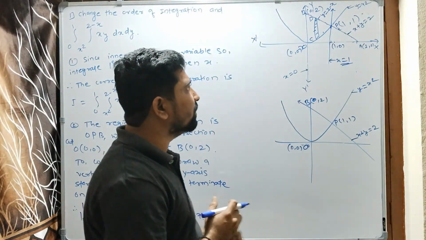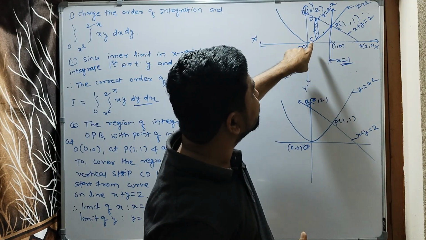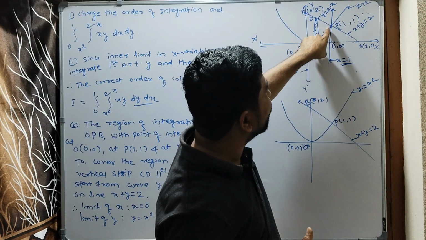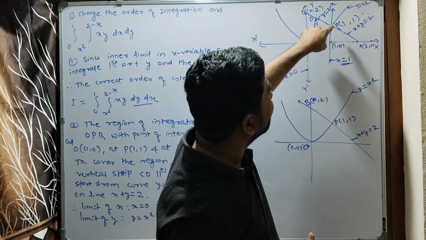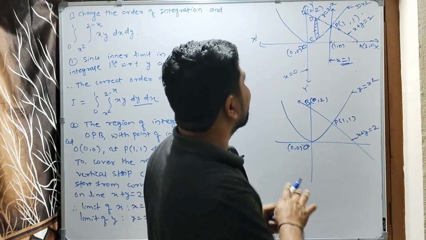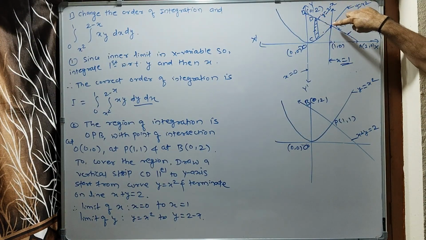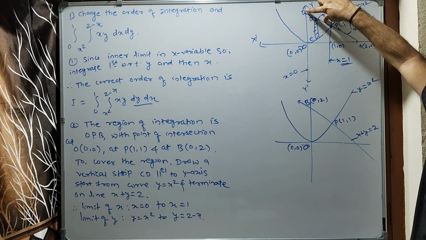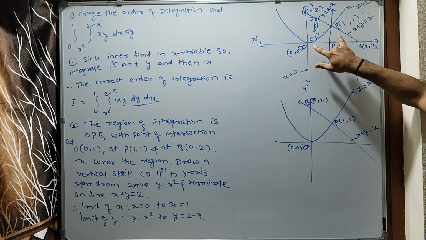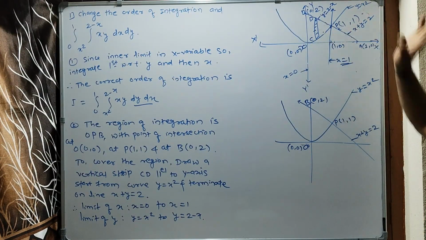Now just observe one thing. While covering this region, one terminal of my strip is fixed along this curve y equal to x square, and the other terminal of the strip is fixed along this line x plus y equal to 2. Of my strip CD, the D terminal is fixed on the line x plus y equal to 2, and the C terminal is fixed along the curve y equal to x square.